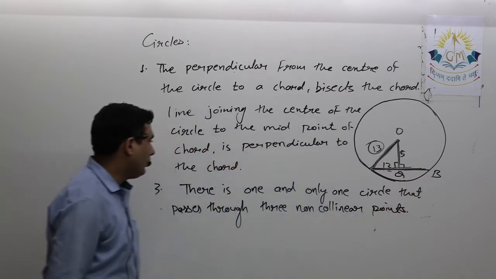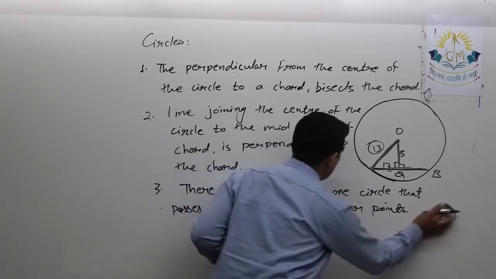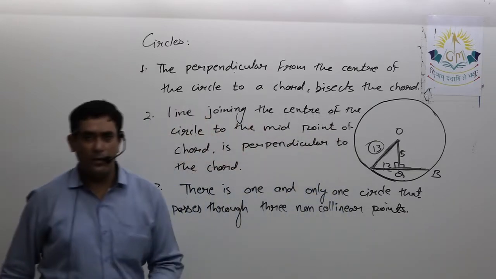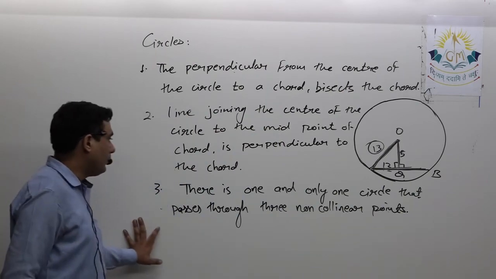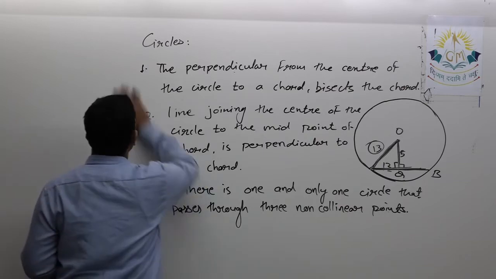Okay, there is one and only one circle that passes through three non-collinear points. That is a theorem. This directly can be asked as an objective.